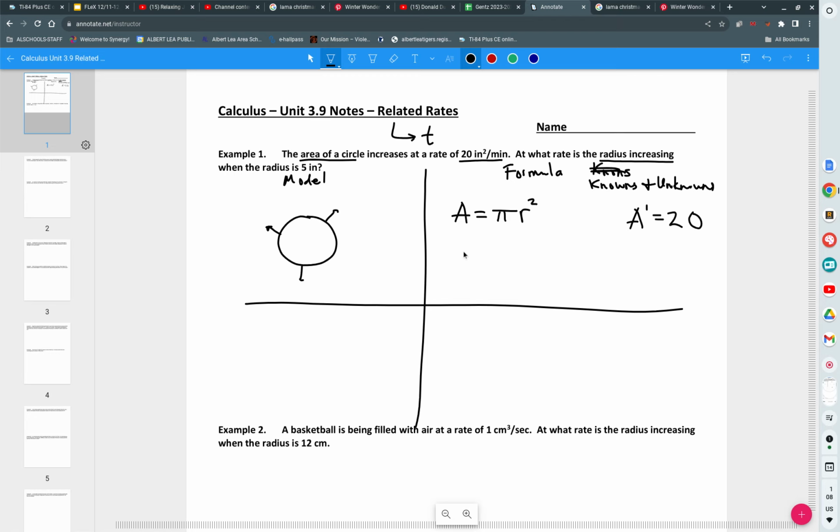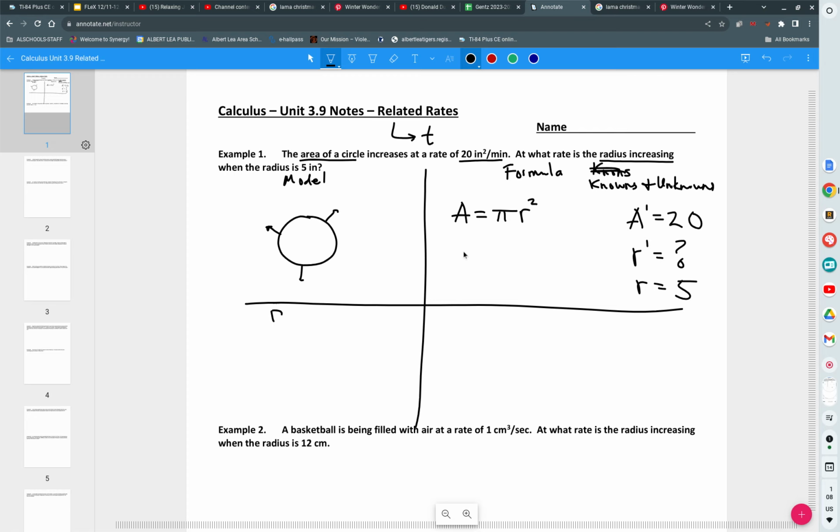R prime. R prime is what I'm trying to find. It says when the radius is 5. So R is just 5. Those are the things I know. That is the thing that I don't know.